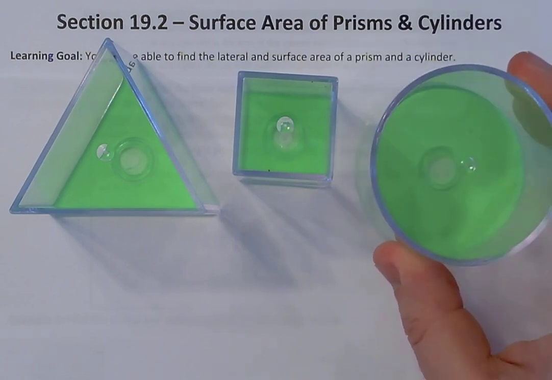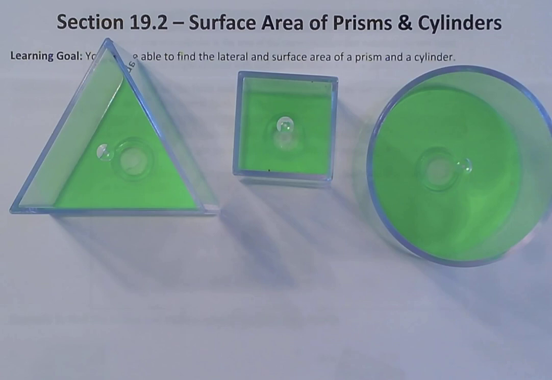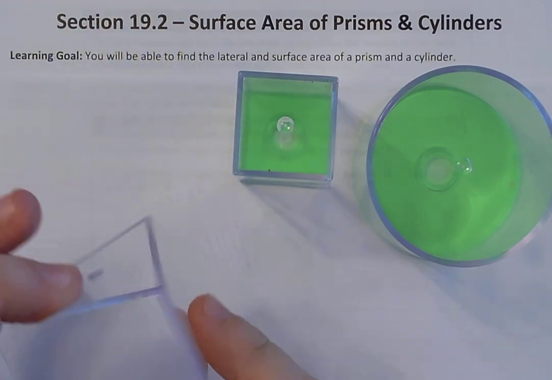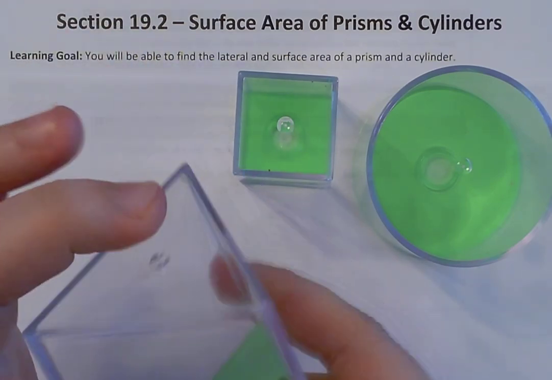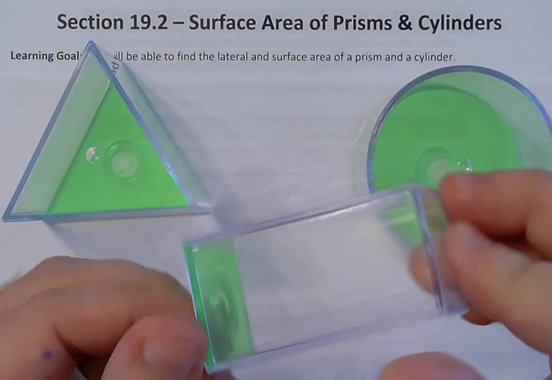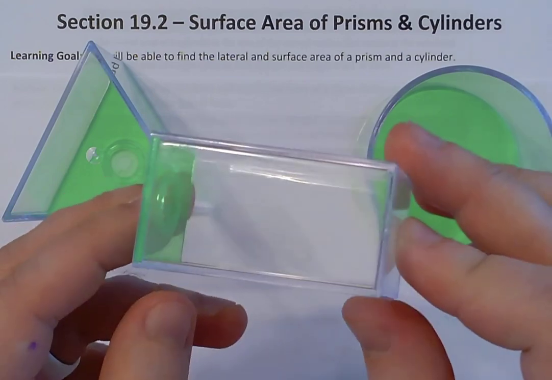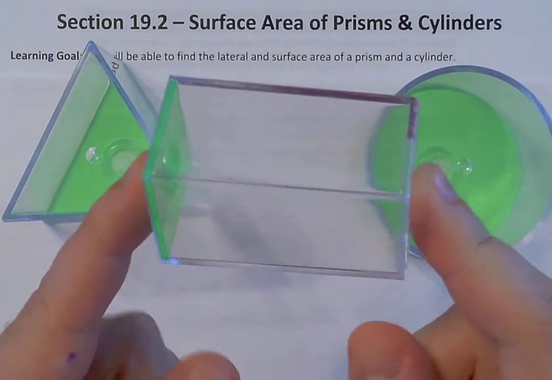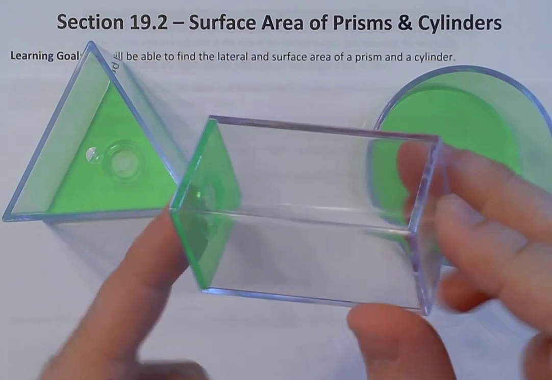Now, surface area and lateral area. The idea of lateral area is the area of the sides of a prism. So that's going to be all the rectangular sides of your prism. And then if we add in the bases, that's going to be the surface area.